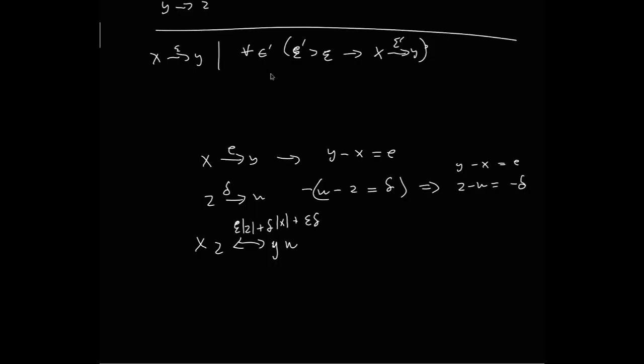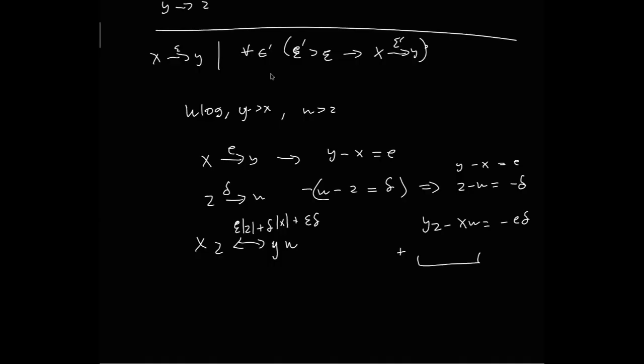Oh, and I guess this should be absolute value. Let's just assume y greater than x, w greater than z. And then we do the multiplication. Delta, and we have a few other terms here, and so on.